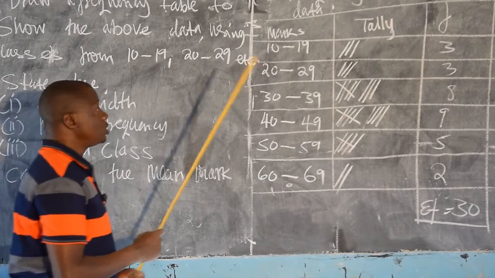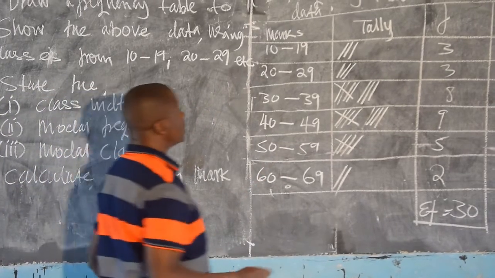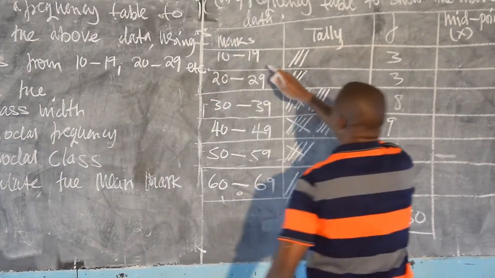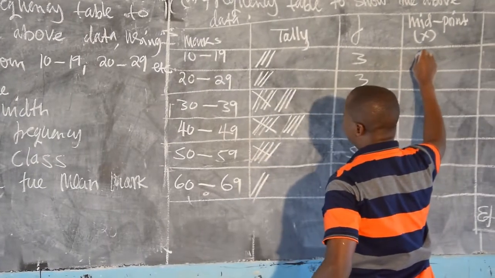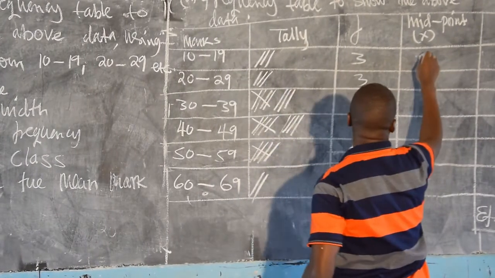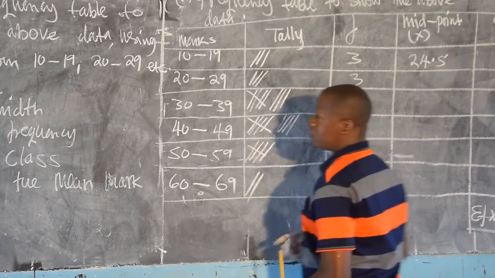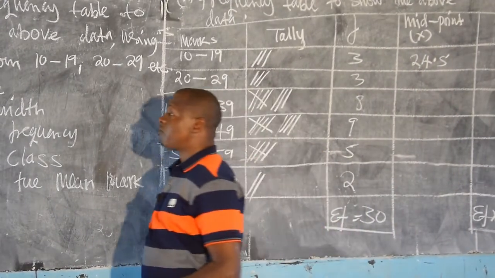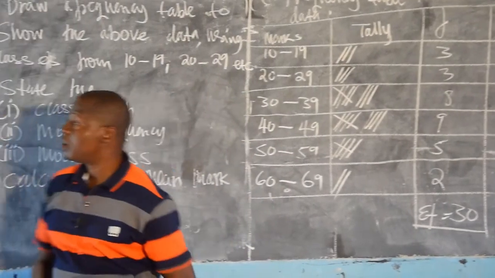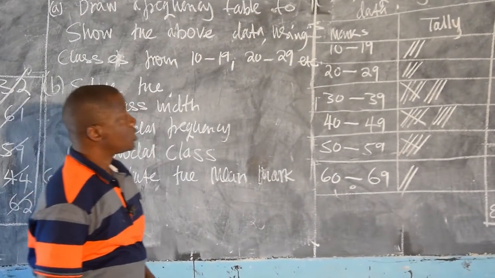Divided by 2, use a calculator. This one gives 24.5. Use a calculator to verify whether your answer is correct.